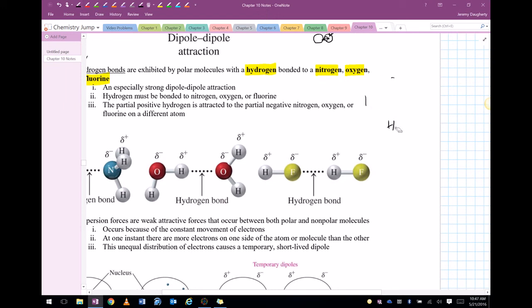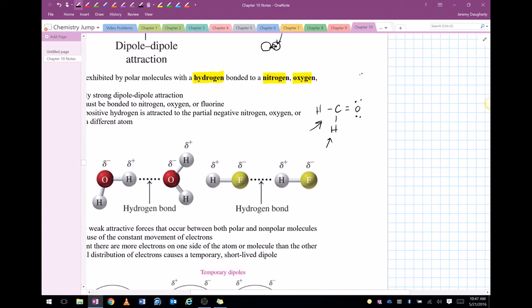So there's the first idea. Let me show you the second idea here. So here's a molecule. Again, notice the hydrogen is not bonded to a nitrogen, oxygen, or fluorine, so this molecule cannot exhibit hydrogen bonding. But if I bring a water molecule up close to this, a water molecule can exhibit hydrogen bonding, because the hydrogen is directly bound to an oxygen.